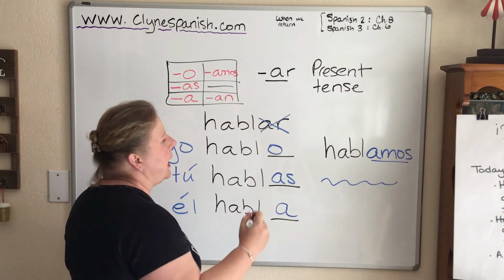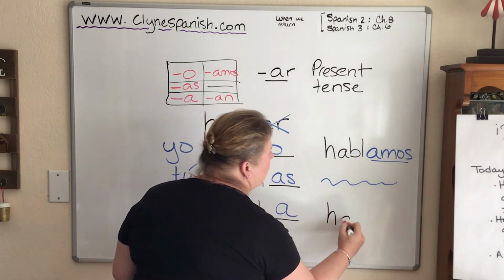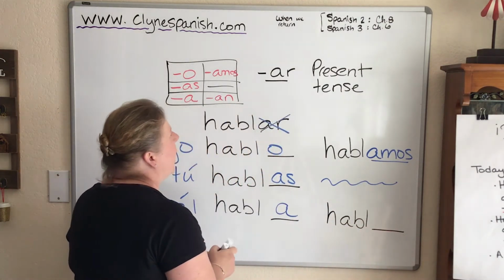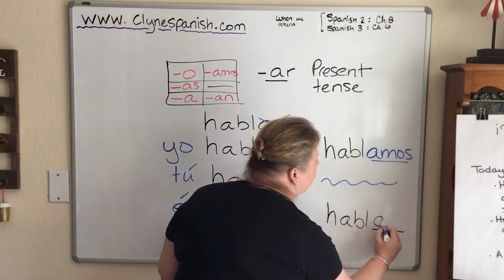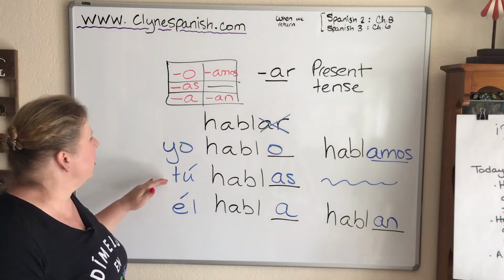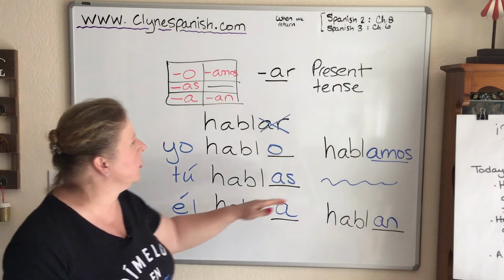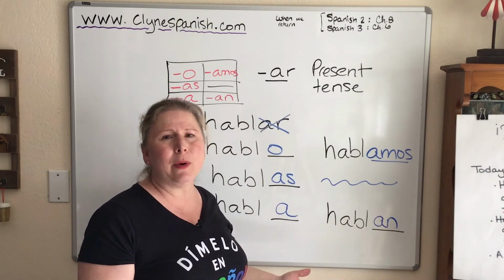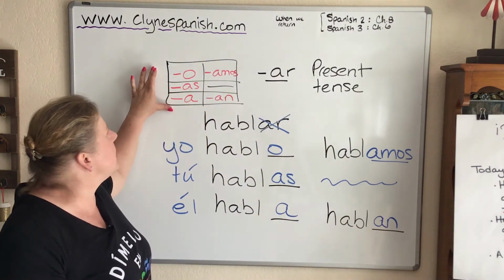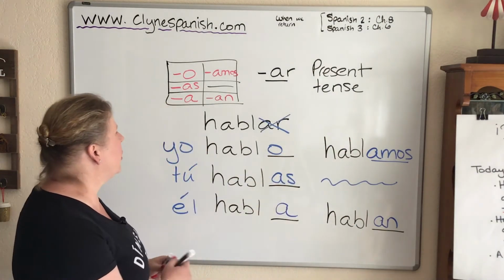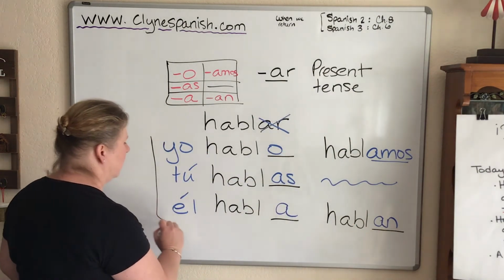And then we have the ellos, ellas, ustedes. Again, we've got our stem, and then we have hablan. So now we have yo hablo, tú hablas, él habla, nosotros hablamos, and ellos hablan. Really easy, right? That's why this is so important. Notice we just wrote it in a verb chart style.